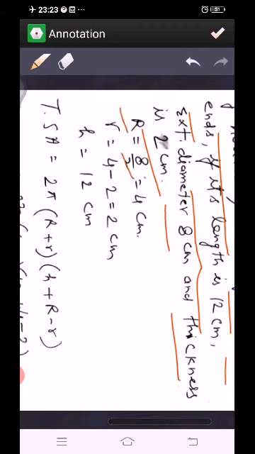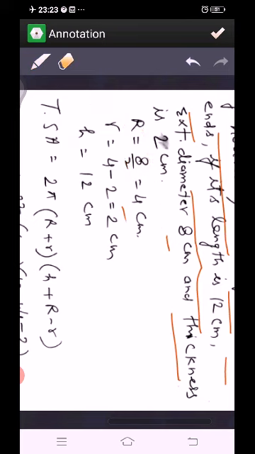So 8 upon 2, that is 4 centimeter. We have got external radius. Then thickness is given 2 centimeter. So small r, that is internal radius, is external radius minus thickness, 4 minus 2. So we get 2 centimeter. And length is given 12 centimeter. We can say height equal to 12 centimeter.